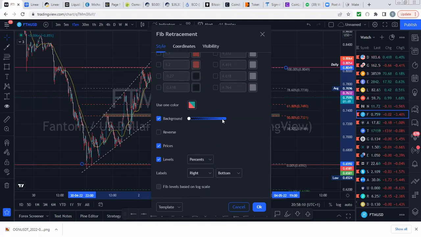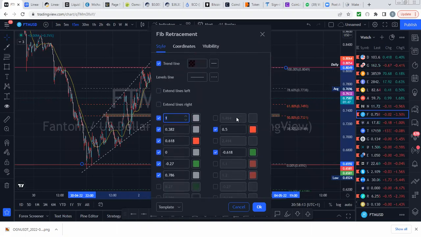Please, I have a question. Does this setting work for any chart? Yes, any chart at all. Any chart that you want.